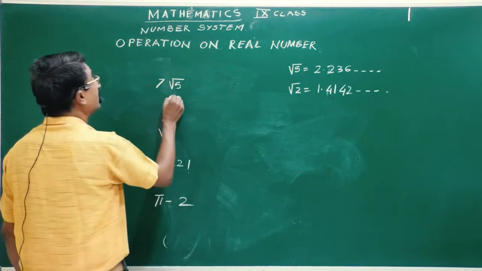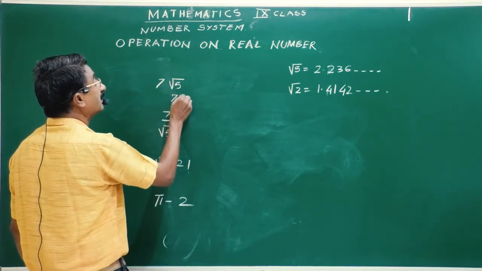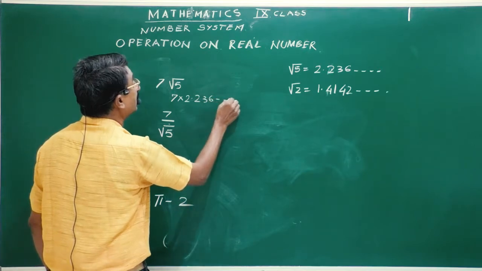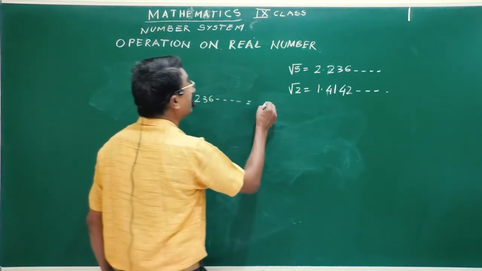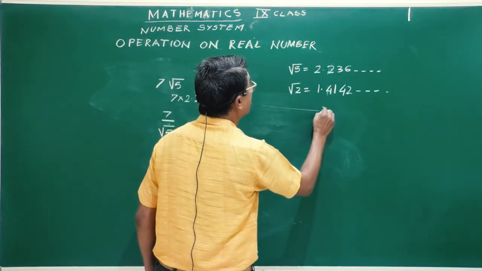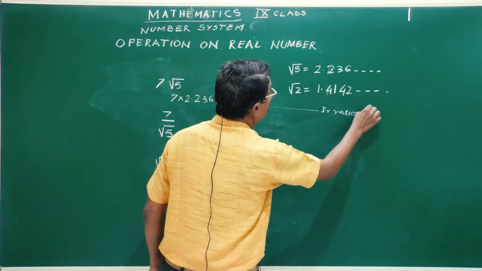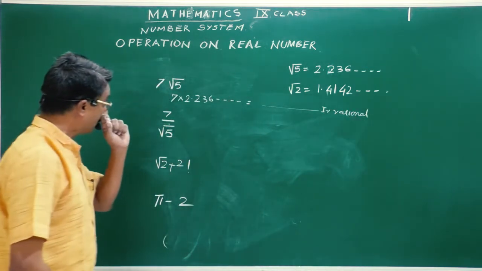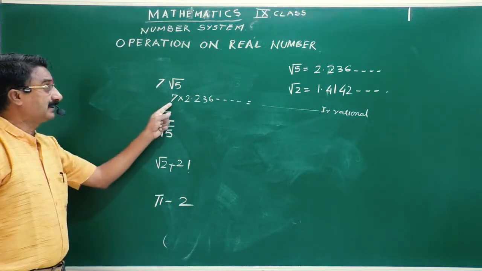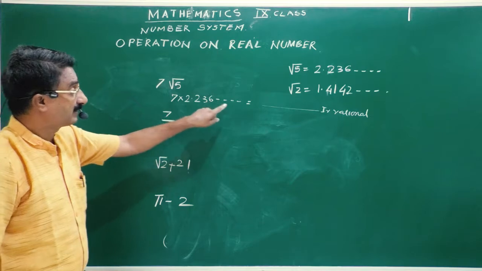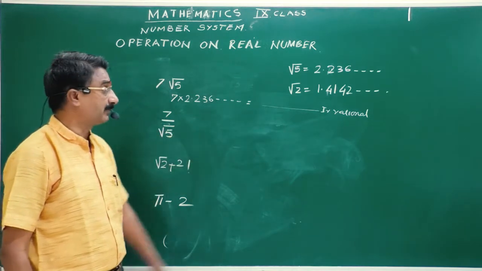So if you multiply, substituting the value, 7 multiplied by 2.236 and so on, you will get an irrational number. It means we can conclude that if any rational number is multiplied with an irrational number, the answer will be an irrational number.